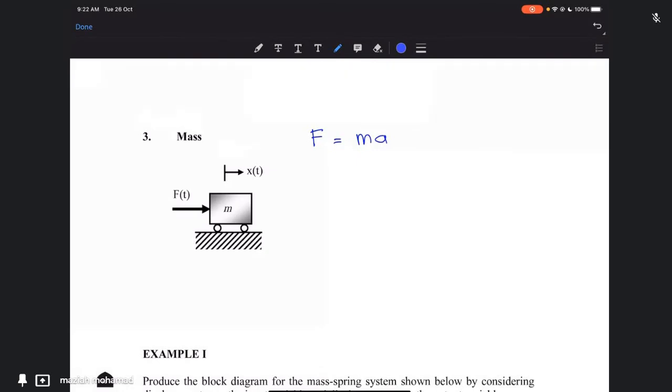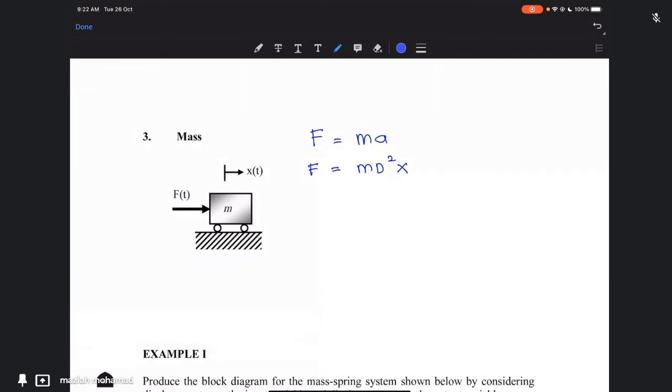Again we want the equation in terms of x, so we write F equal to m D squared x, where D squared means d over dt squared.